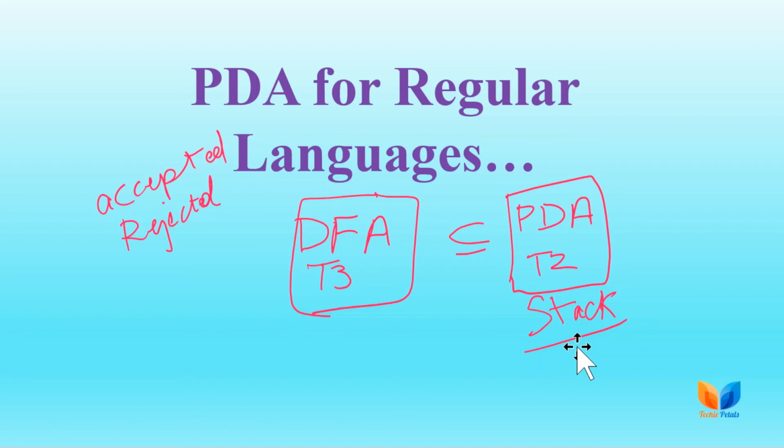So just replace Z0, the initial stack symbol, with the same symbol for every transition and the PDA is complete. Okay, so just make the DFA first and replace all the Z0 with Z0 only, and the only thing that you need to mention is the final acceptance transition, either by empty stack or by final state.